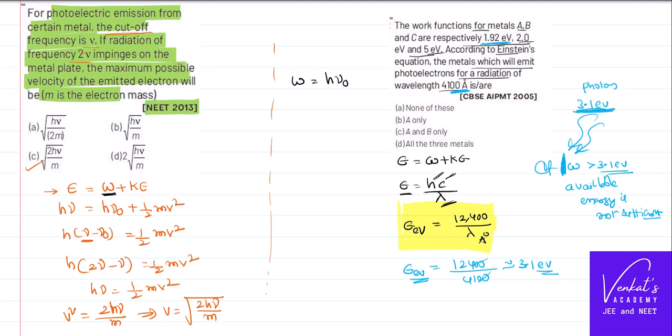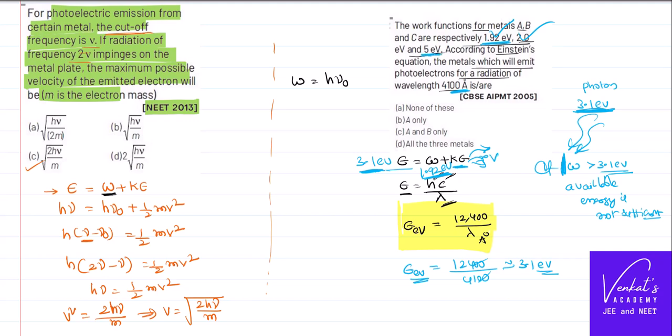The metal surface absorbs 1.92 electron volts and releases the electron. As 1.92 is less than 3.1, with the remaining energy the electron moves with a certain velocity. So the photoelectric effect is possible with 1.92, and with 2 also, because 2 is less than 3.1.